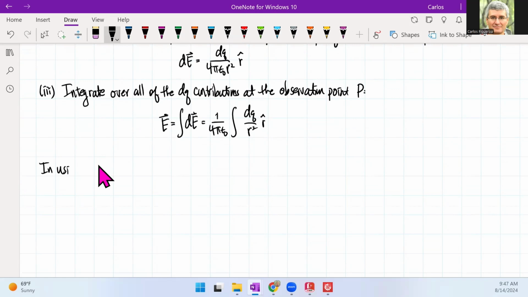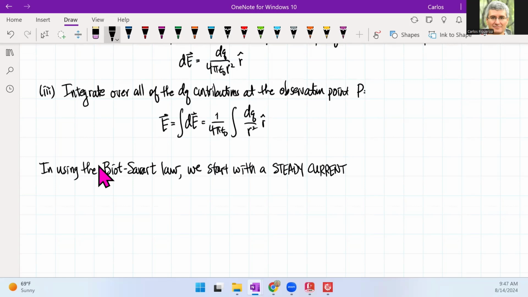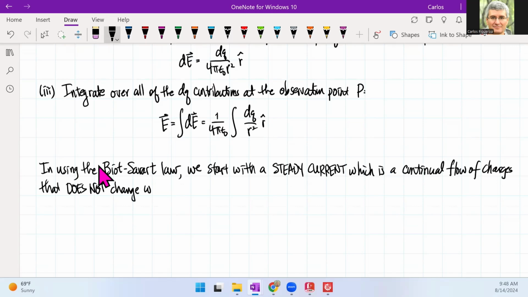In using the Biot Savart law, we start with a steady current, which is a continual flow of charges that does not change with time.